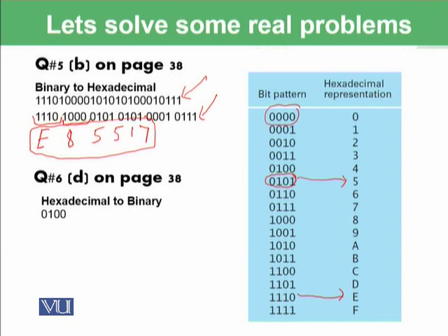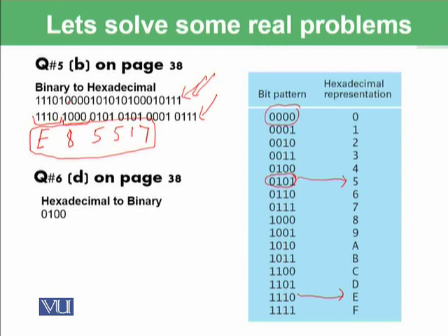So you do not need to say all of this number. You need to say this number is E85517 in hexadecimal notation. Remember that hexadecimal notation is only for humans to understand. This is not for the computer. The computer still saves information in binary digits.